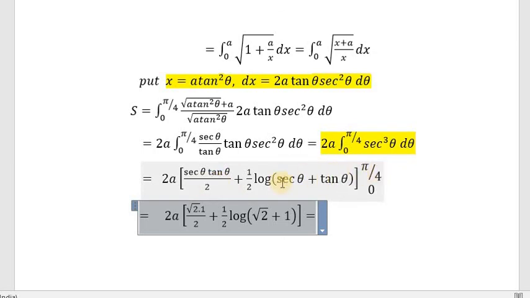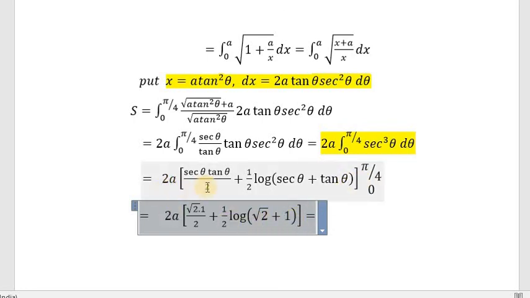So when you put upper limit here, 2a into secant pi by 4 into tan pi by 4. Secant pi by 4 is root 2. Tan pi by 4 is 1. So the secant theta tan theta, after substituting the upper limit, it becomes root 2 into 1 divided by 2 as it is we have written, plus half into log into secant pi by 4 is root 2, tan pi by 4 is 1.